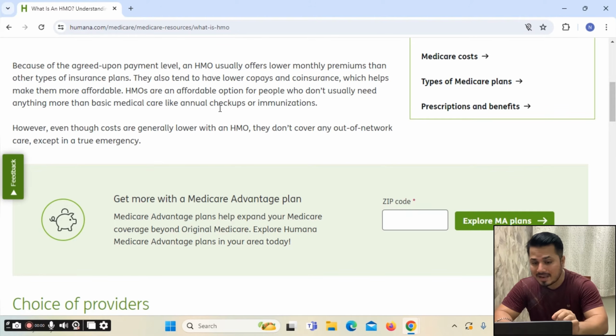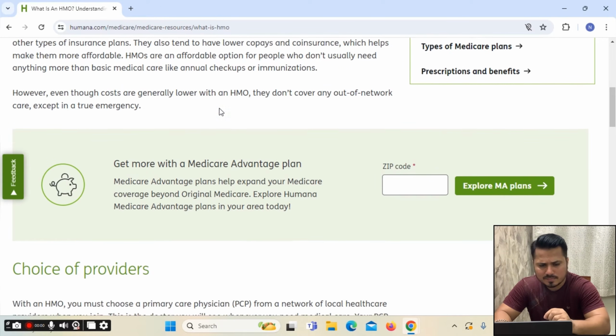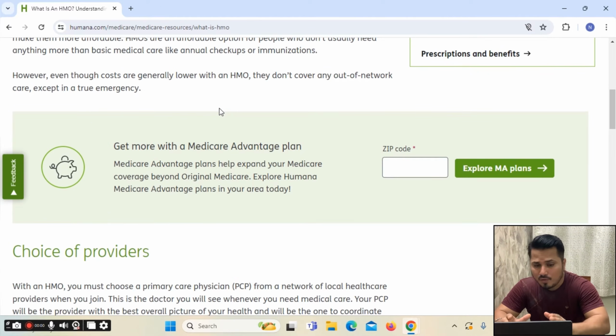HMOs are an affordable option for people who don't usually need anything more than basic medical care like annual checkups and immunization. However, even though costs are generally lower with HMO plans, they don't cover any out of network care except in a true emergency.